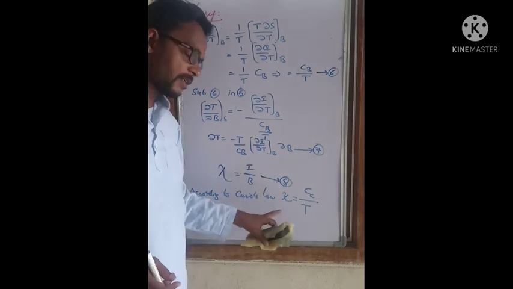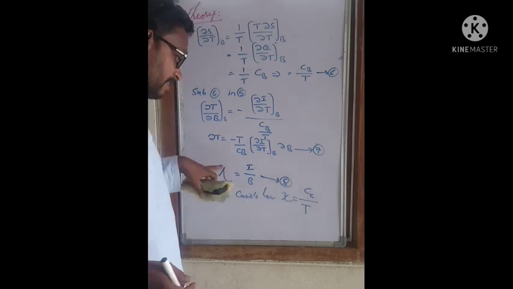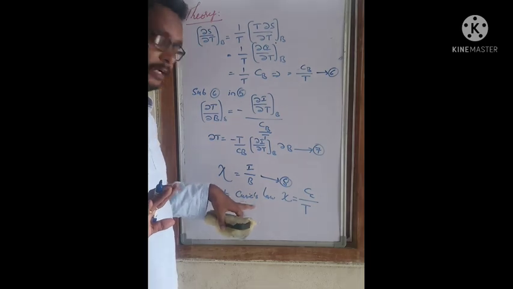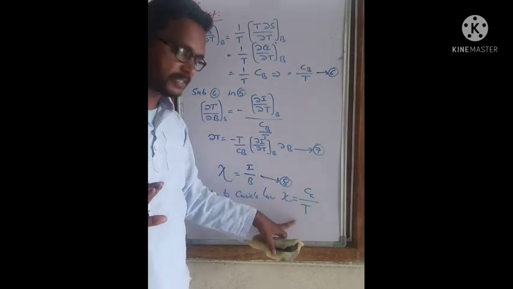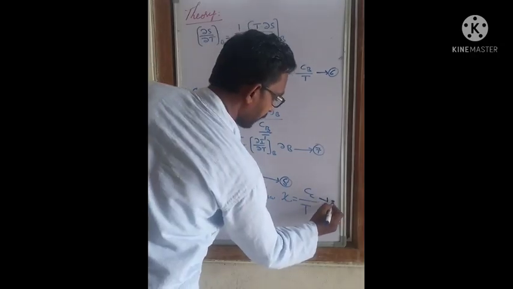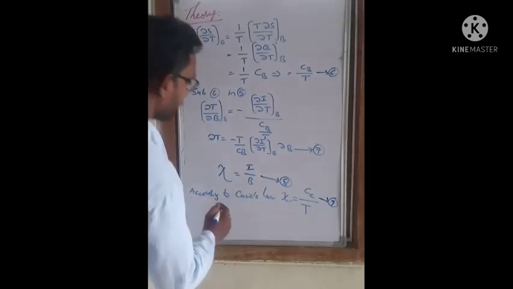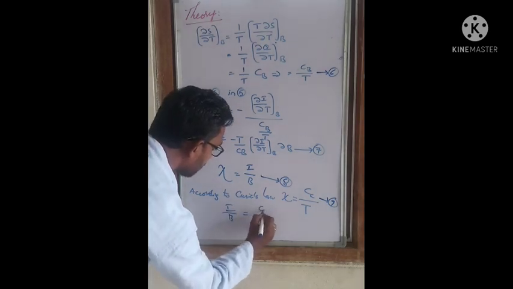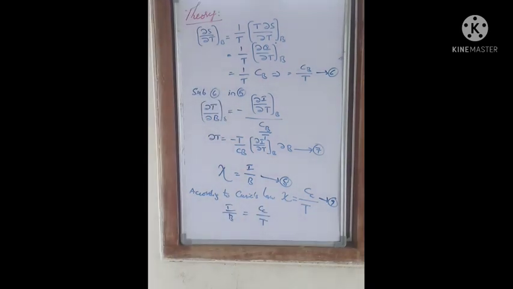The susceptibility does not depend on intensity and magnetic field; it depends only on temperature. Let us equate equations 8 and 9, so I by B equals C_c by T. Now differentiate this equation with respect to T and let's see what we get.